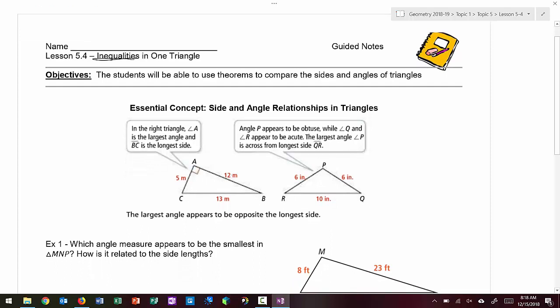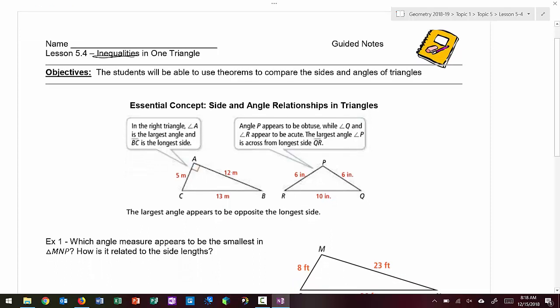So our main concept here is if we look at these triangles, this first one they gave us a right triangle, and that tells me that the other two angles are going to be smaller than 90 degrees in order for us to be able to have a right triangle. And if we look closely, the largest angle here, our right angle, happens to be across from the longest side. So our largest angle and our longest side are in a comparison here.